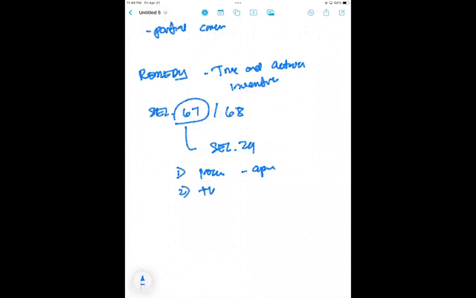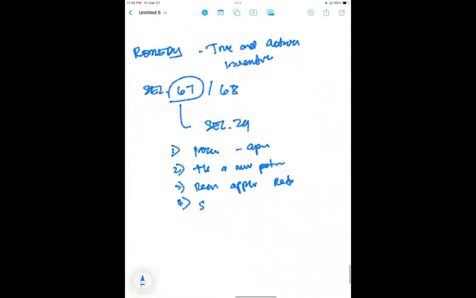Second, file a new patent application. Third, request the application to be refused and to seek cancellation. So, babalik tayo dun sa section 61.